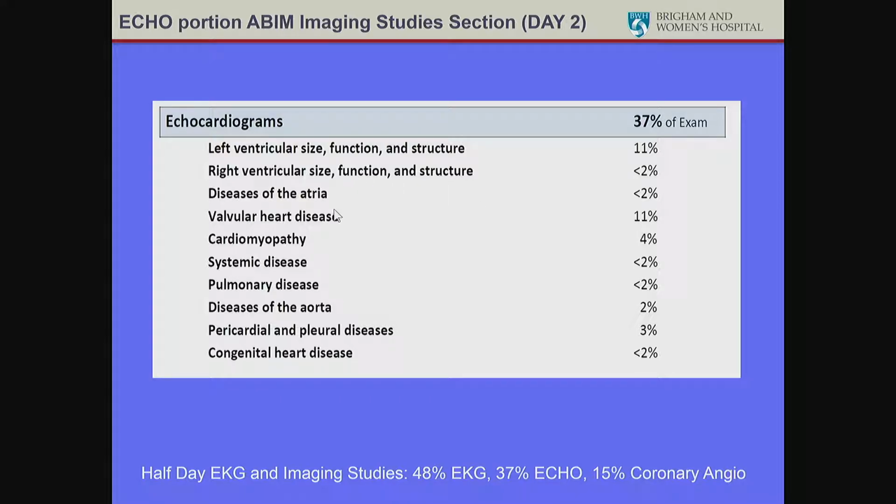And cardiomyopathy comprises 4% of the exam. Pericardial and pleural diseases comprises 3% of the exam. And the remaining portions of the exam, including diseases of the atria, right ventricular size, function, and structure, systemic disease, pulmonary disease, diseases of the aorta, and congenital heart disease, will encompass less than 2% of the exam.